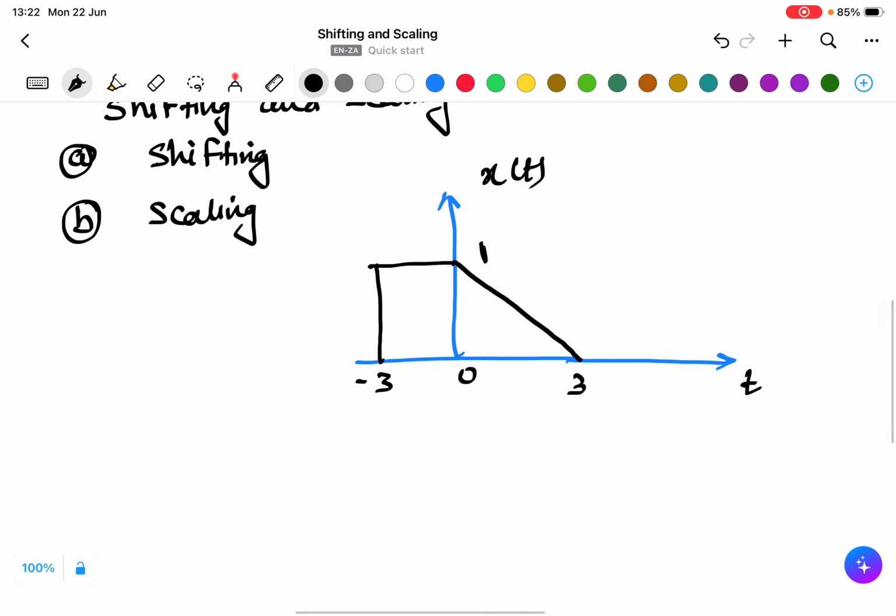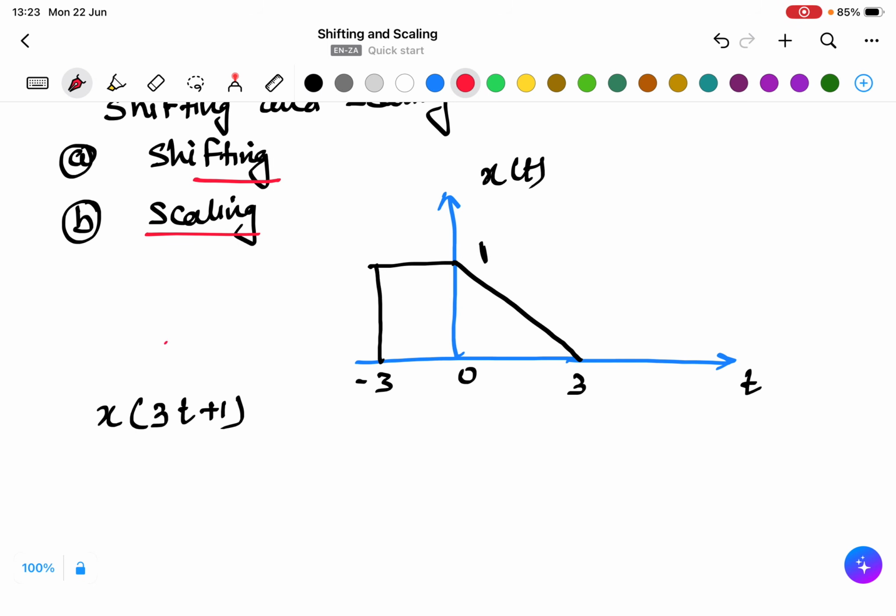So it's there and the question asks you to do this: x of 3t plus 1. Remember the rule: shifting first and then scaling.